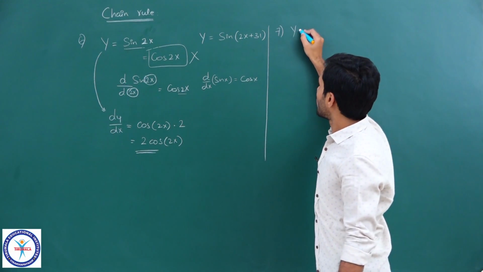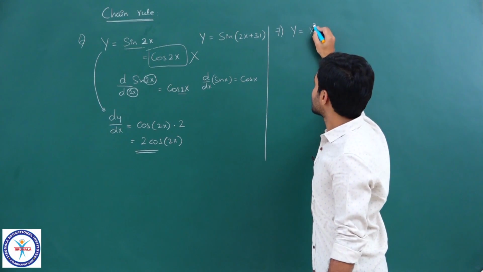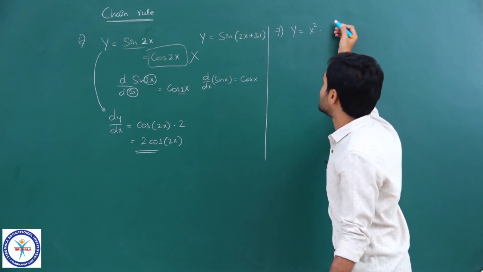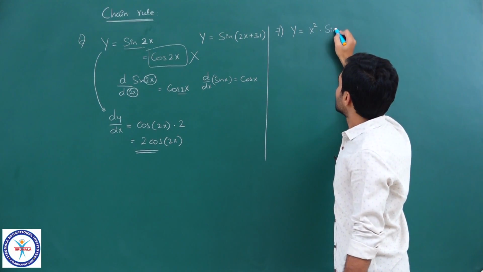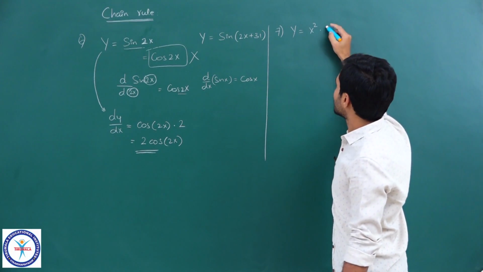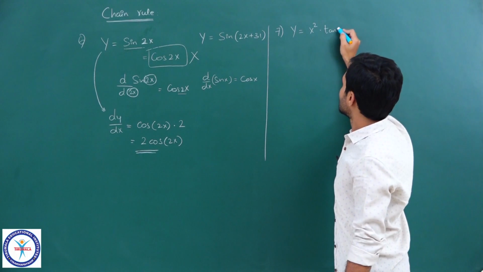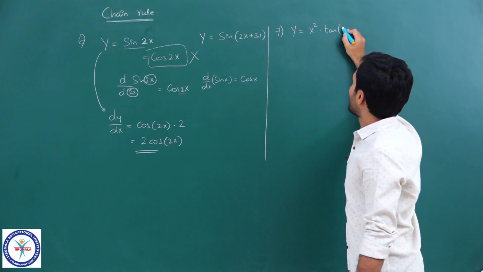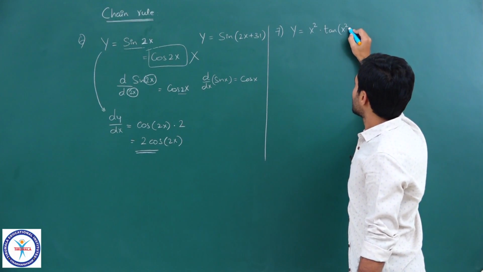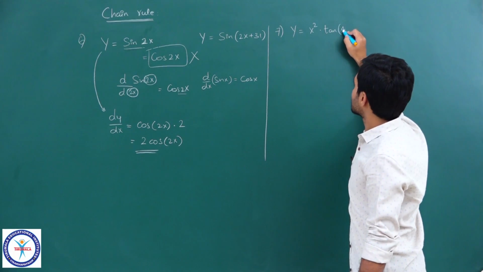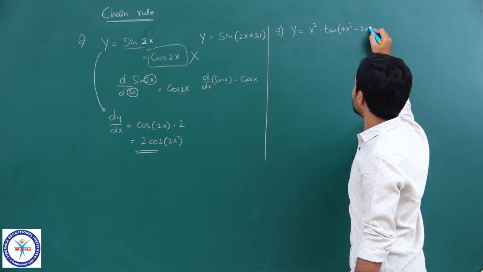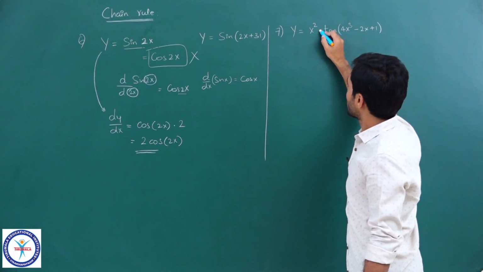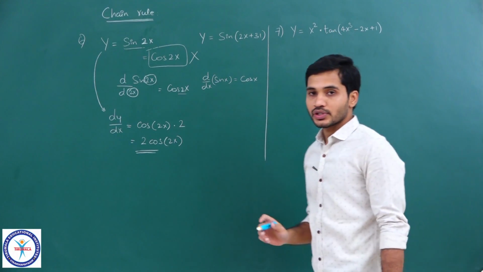So, this time y is equal to x square into, let us not take sine all the time, let us take tan this time, tan of 4x cube minus 2x plus 1. Okay. So, that is the question, right.